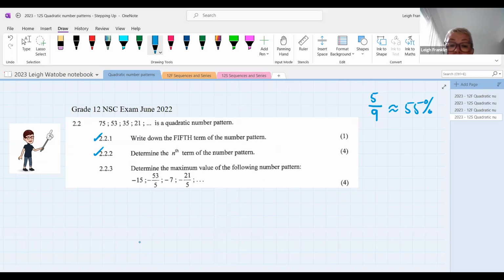So if we want 100% for this question, we need to be able to access all 4 of those marks, or at least some of them. Can you see here again, is this word maximum creeping in? So that's why I just wanted to bring it up with you. But there's a bit of a twist in the tail here. It's not a straightforward question at all. And this is what we need to look at.